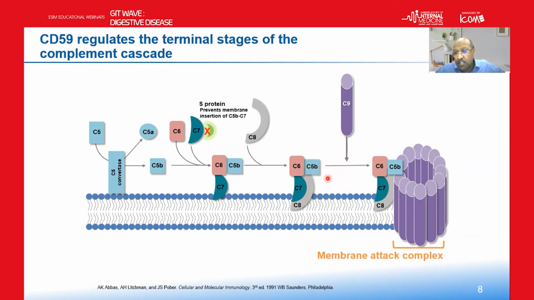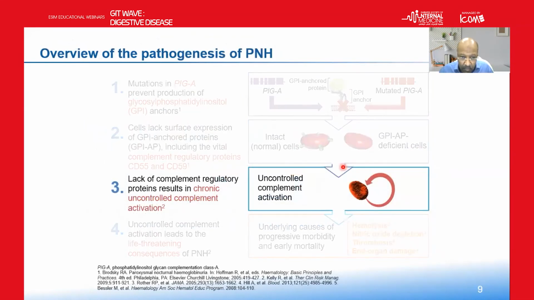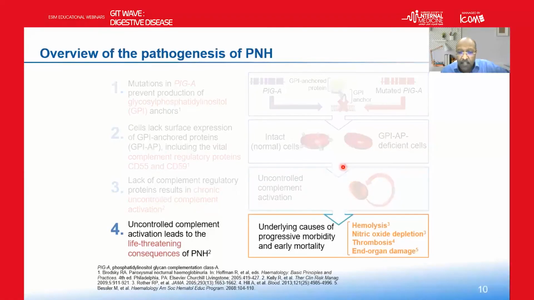So the cells are left unprotected, and this membrane attack complex will attack the blood cells, such as the red cells, and cause hemolysis. So what happens? The lack of the complement regulatory proteins results in chronic uncontrolled complement activation, and activated complement will attack the cells, leading to chronic hemolysis and nitric oxide depletion.